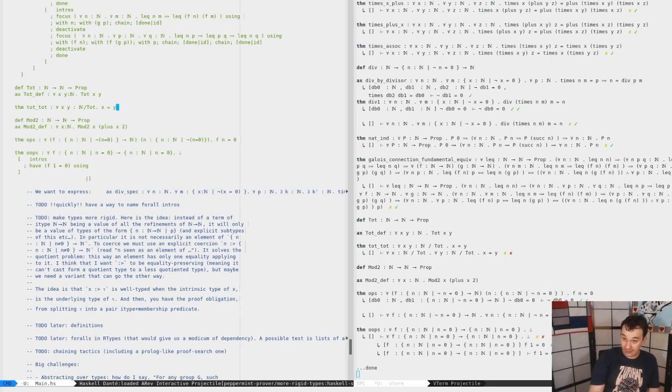That's the entire thing that makes quotients compatible with congruence closure. Equality is intrinsic. We don't have to specify what equality we're talking about, it's just equality.